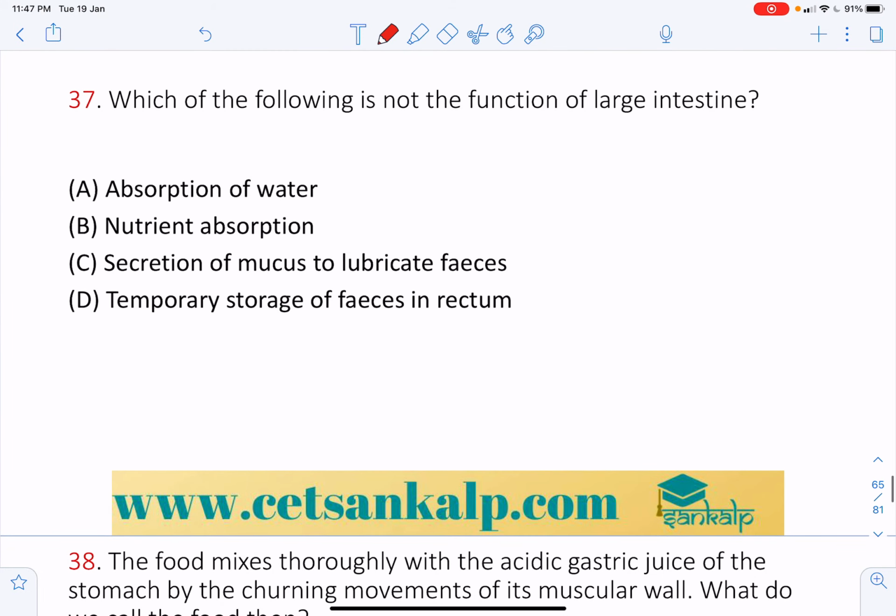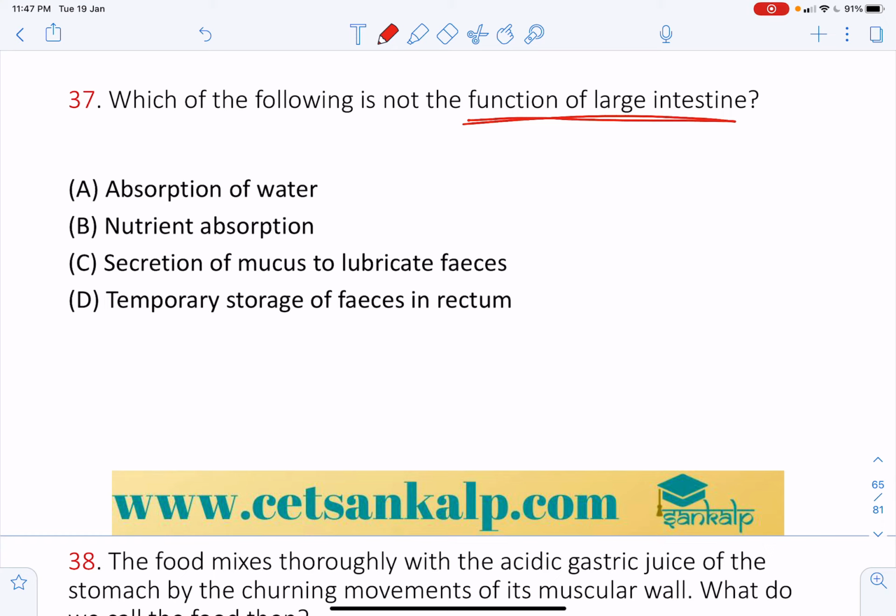Which of the following is not the function of the large intestine?